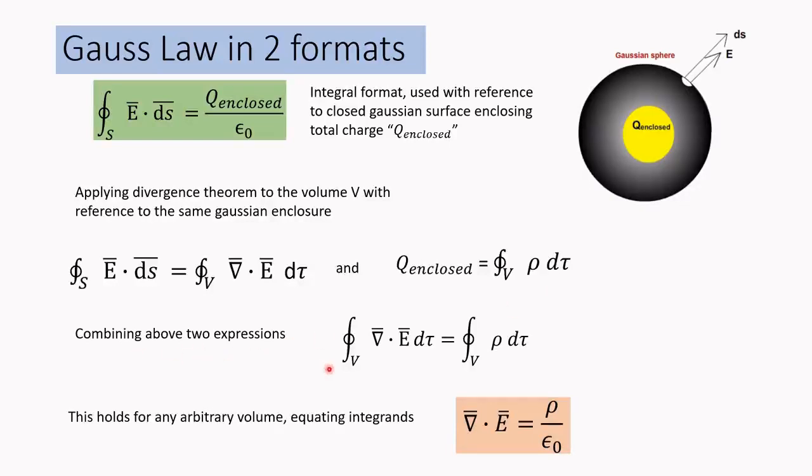And when we combine these two expressions together as per the Gauss law mentioned here in the integral format, it could hold for any arbitrary volume. So we could equate our integrands, right? And we are getting the differential format of the Gauss law as divergence of E bar is equal to rho over epsilon naught.